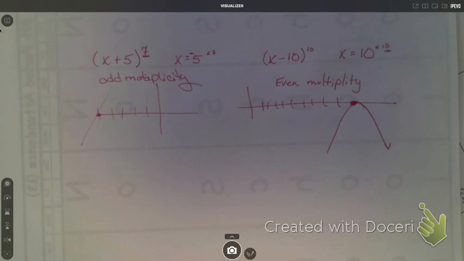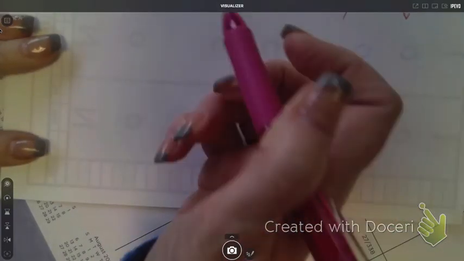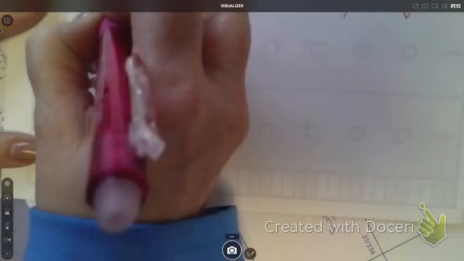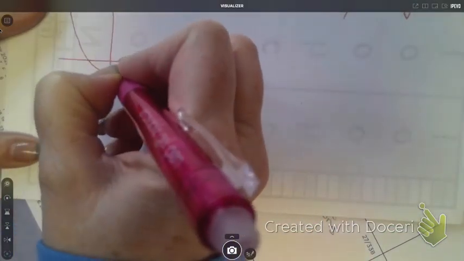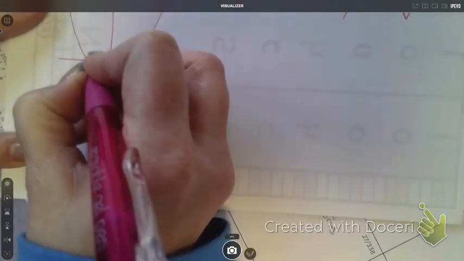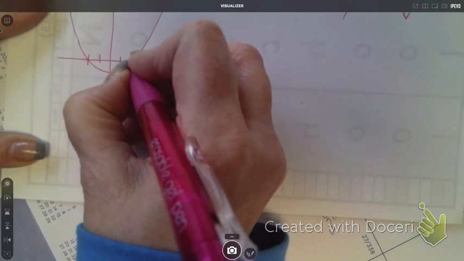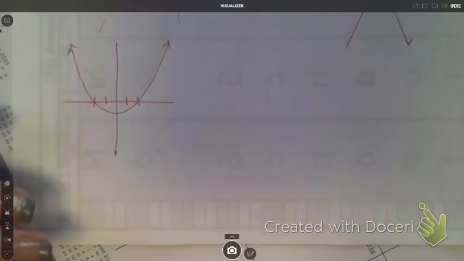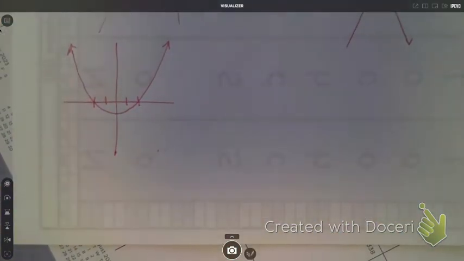Tell me when I'm good to change it. Everyone good? Okay, so if I gave you a graph like this, what are the zeros and what's the multiplicity?